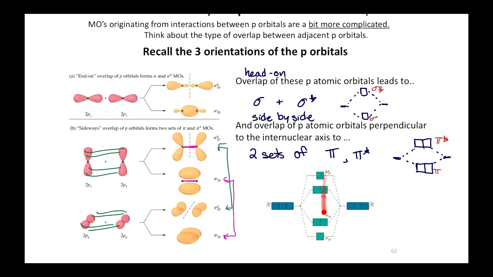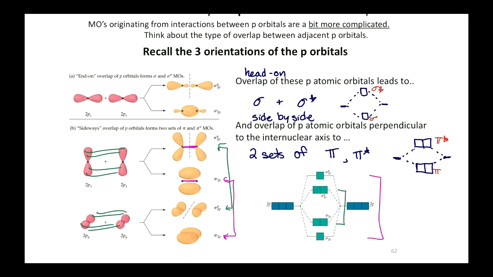So we see a splitting that looks something like this, where we have our sigma interactions on the top and bottom, and then our 2 sets of pi interactions in the middle here. If you take account of all of the orbitals very carefully, if we have 2 atoms combining all of their p orbitals, how many orientations are in a p subshell? 3, right?